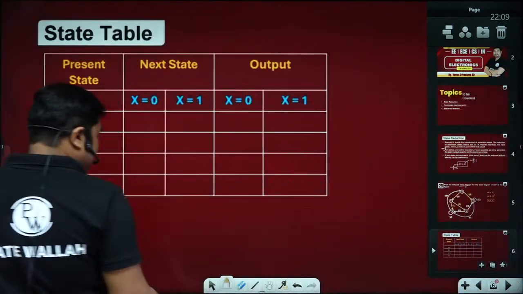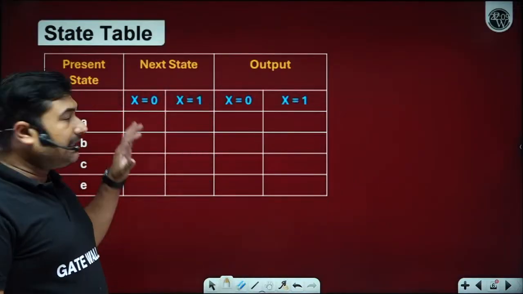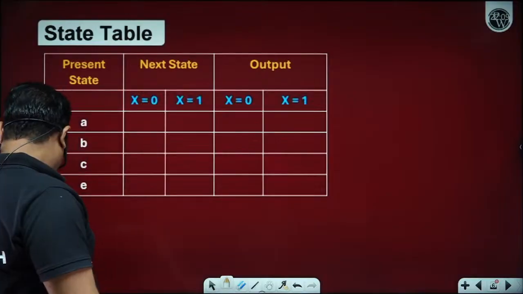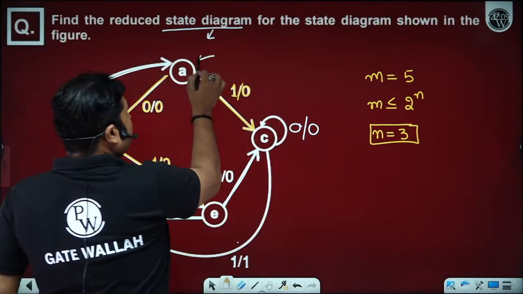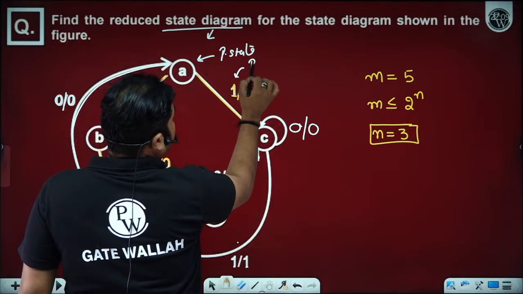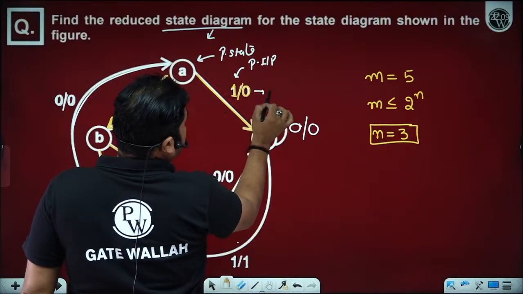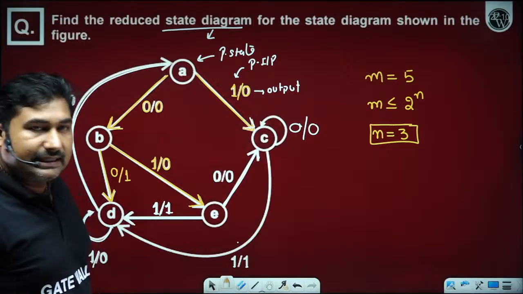If you observe the state table, yesterday I discussed the state table as well. In the state table, we have an input. Here only one input is indicated. This is representing the present state, this is indicating the present input, and this is indicating the output. The arrow indicates going to the next state. Is it okay?